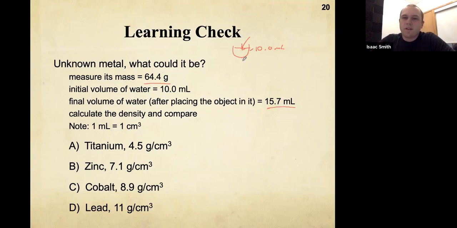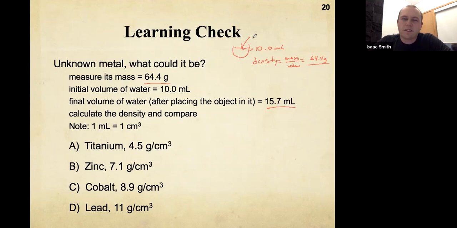So if we remember, density equals mass over volume. We know what the mass is because the scale just gave it to us, and that's 64.4 grams. The volume is going to be whatever the final volume of water is after you put the sample of metal in the beaker, minus the initial amount of water.